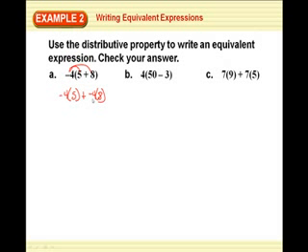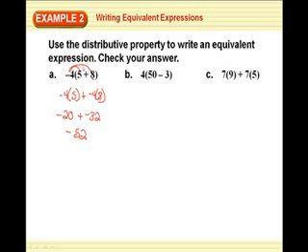And usually with numbers, they want you to go ahead and multiply those out. Let's go ahead and do that and check it. Okay, so this one's going to be negative 20 plus negative 32, which is negative 52. Let's try it.